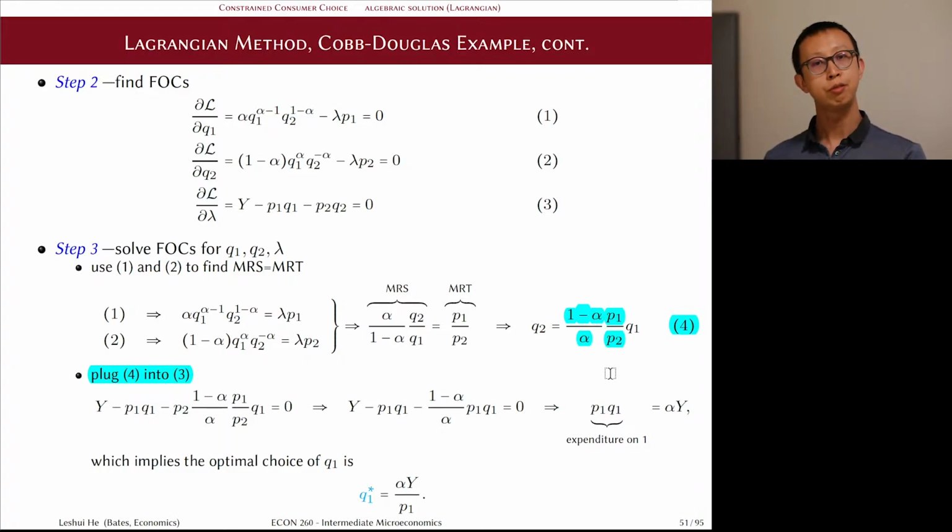See, equation 4 tells us that there are many Q1 and Q2 combinations that satisfy the tangent condition, but not all of them are on the budget constraint. In fact, there is only one such point that is on the budget constraint. This is why we found a unique pair of Qs as the optimal solution when we combine the tangent condition 4 with the budget constraint equation 3. We need both of them, and the Lagrangian approach automatically involves both of them for us.